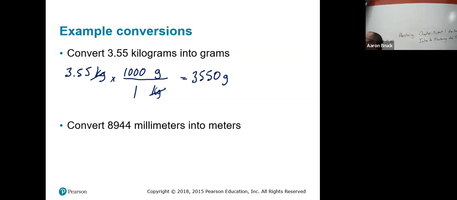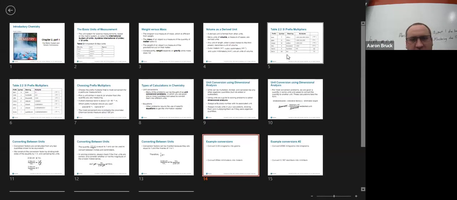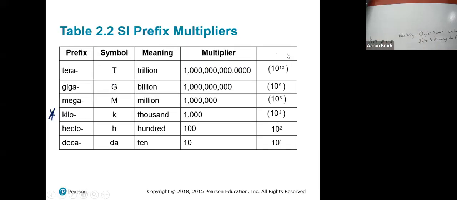But if you recognize that we're talking merely about factors of 10 here, again, going back to the chart, 10 to the third means that I can slide that decimal 3 spots over to the right.